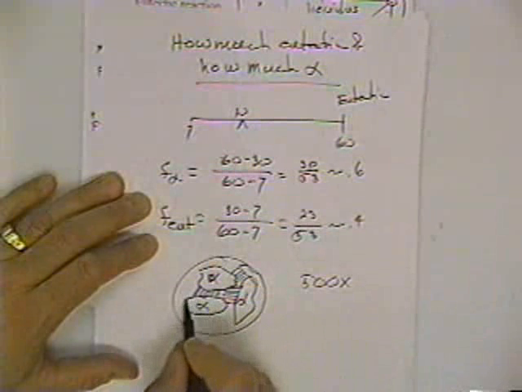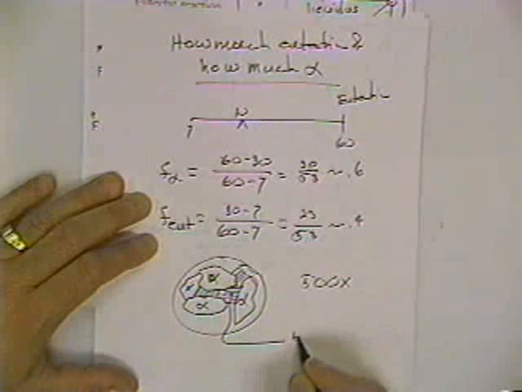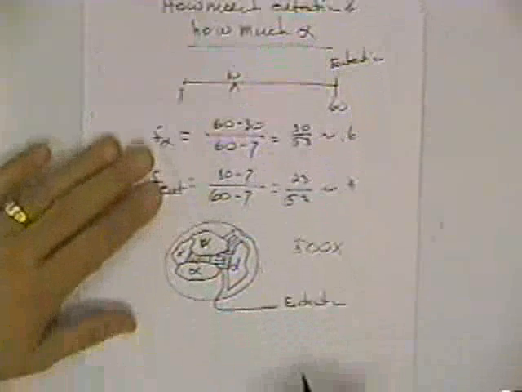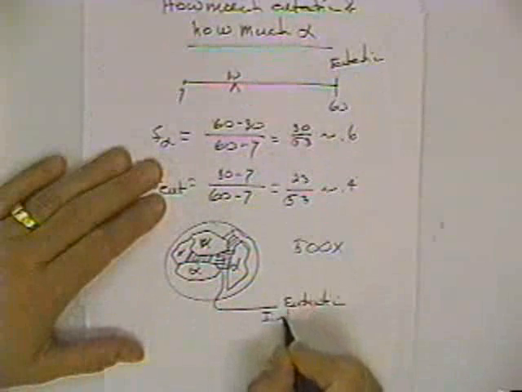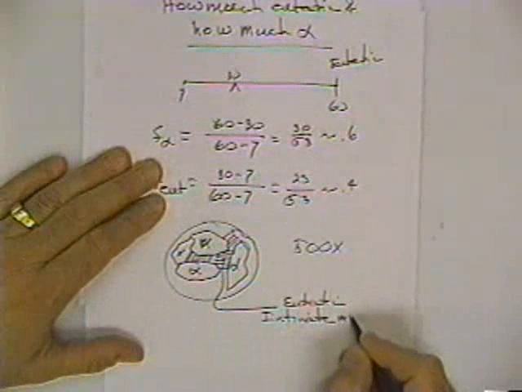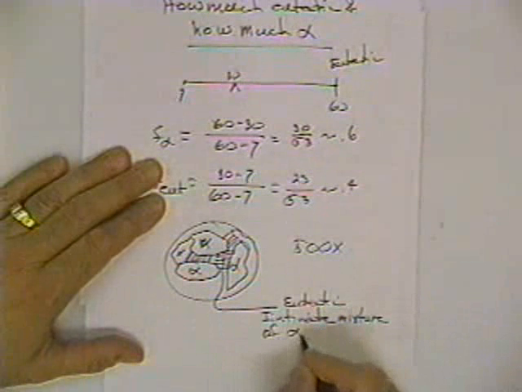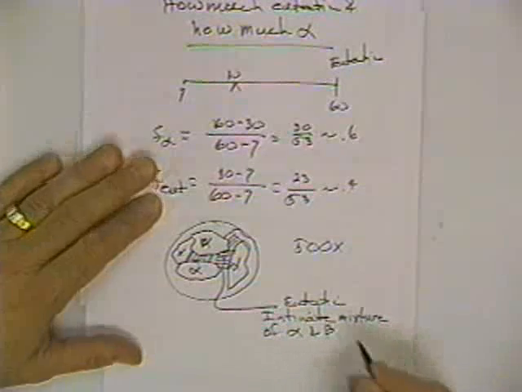So these crosshatch regions that I have drawn here correspond to what's called the eutectic, and it's an intimate, meaning fine, mixture of alpha and beta.